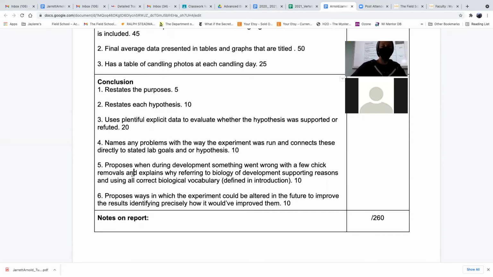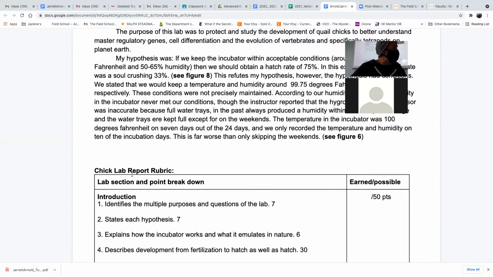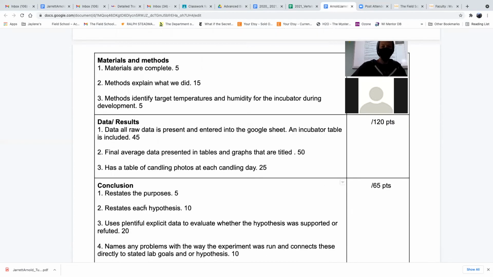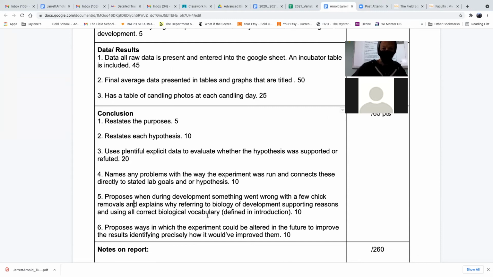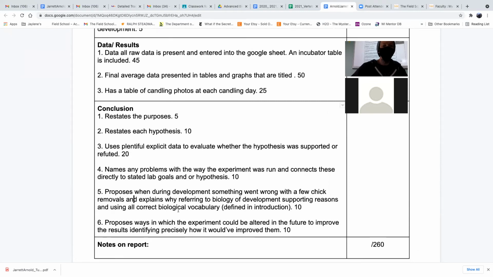And you might have added a photograph of a different bird than me to that. This is where you talk about and support the reasons using correct biological vocabulary why specific birds didn't do what they should, right? When in development did they fail? What genes didn't get activated, right?